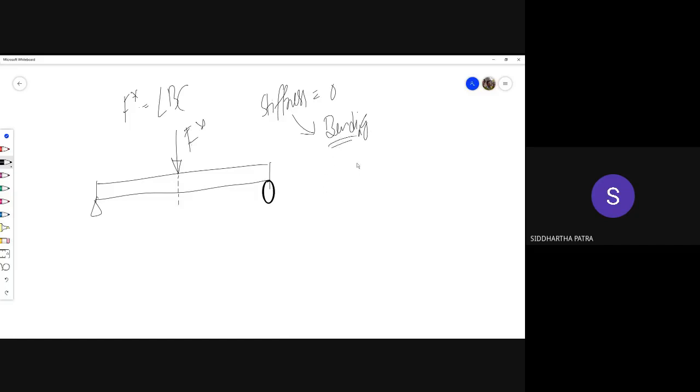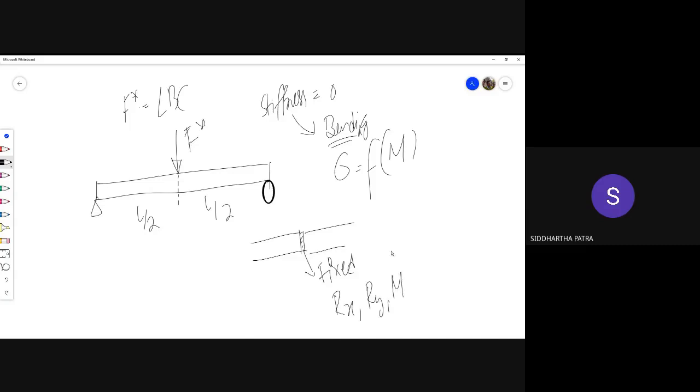It cannot support further loading. You see, the stress is due to bending moment, so it cannot support any further bending moment. Now you can imagine the left side of the beam and the right side of the beam are connected by a fixed joint, a fixed joint which can support Rx, Ry, and a moment.